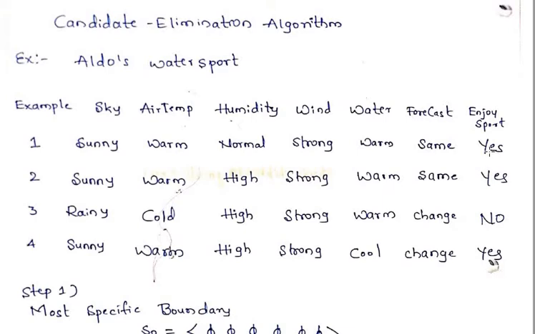The second day is again sunny, warm, high, strong, warm, same, so again a positive classification. But the third one is a negative classification: the expected output is no, that is, he doesn't want to play water sports when these values are in the input. And the fourth day is again a positive classification. So these are the 4 examples that we have taken for Aldo's water sports.